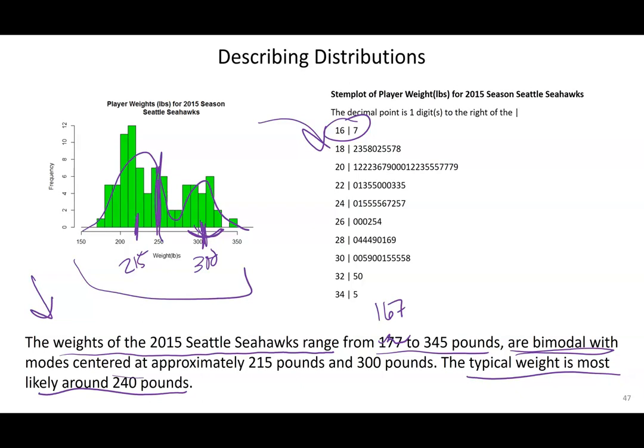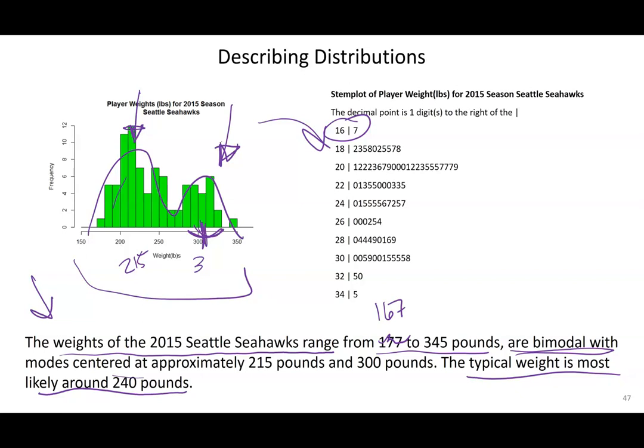And this is one of those times where, when I'm in a class, I tend to ask folks, hey, is there any reason we might see two separate peaks here? Well, if you're familiar with football, they have an offense and a defense. A lot of times, those two groups within a team weigh very differently.